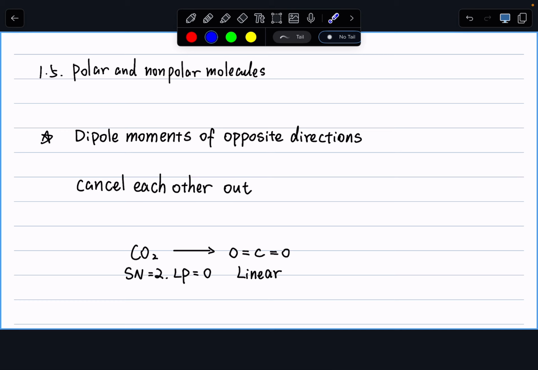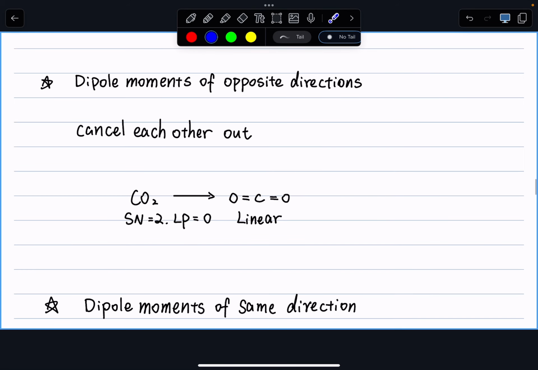So now, taking together the polarity of the covalent bond and the shape of the molecule, we can predict whether or not a molecule is polar or nonpolar. Let's look at two examples together. One example is CO2, right? We draw the Lewis dot diagram and we know that CO2 is a linear molecule with lone pairs. For each of the carbon-oxygen bonds, it is a polar covalent bond because your oxygen is more electronegative than your carbon.